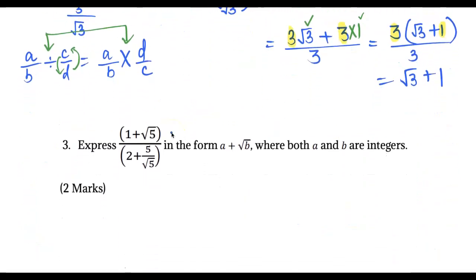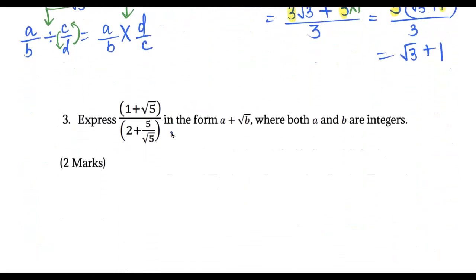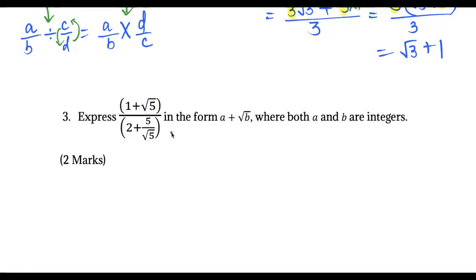Now let's go for the next question. Again, a kind of higher level than the previous. Let's try that. For this one, as you can see, the top is settled, but the bottom, let's simplify it first. So it's 2 plus 5 over root 5, right? We need to make the denominators the same.